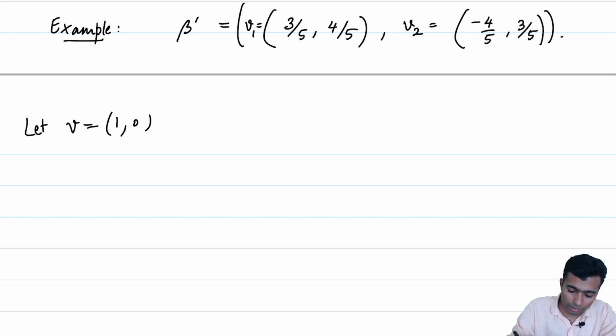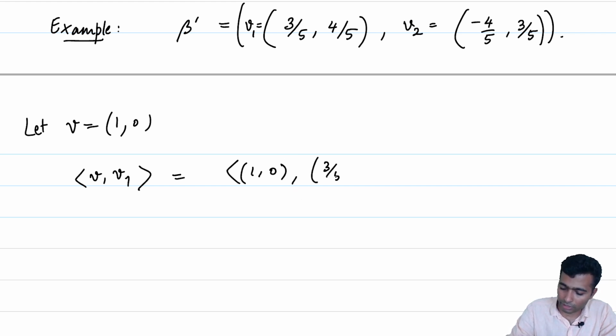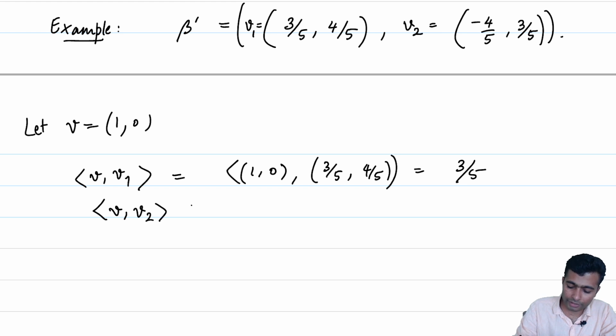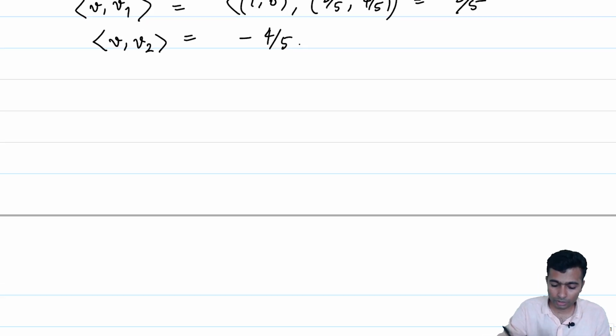But now we have a tool. We know that the coefficients will just turn out to be the inner products of v with v1 and v2. Let's calculate it explicitly. The inner product of v with v1 is the inner product of (1, 0) with (3/5, 4/5), which is equal to 3/5. And how about the inner product of v with v2? It will just turn out to be minus 4/5.